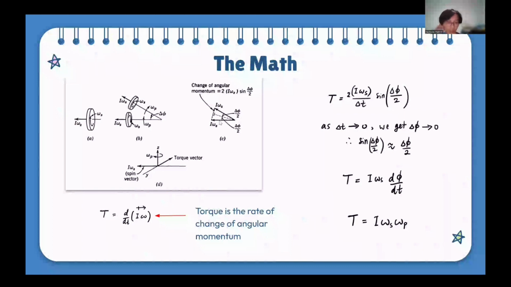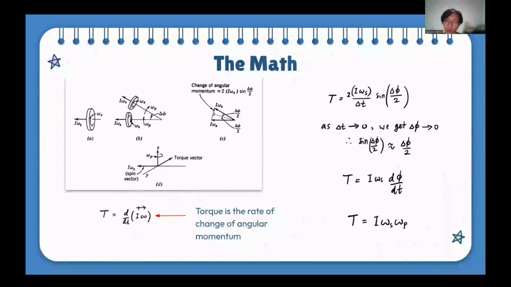diagram as seen in the PPT, at which we know that torque is the rate of change of angular momentum. And then we can know that the change of the angular momentum is shown as T equals 2 I omega spin over delta t times sin(delta v/2).